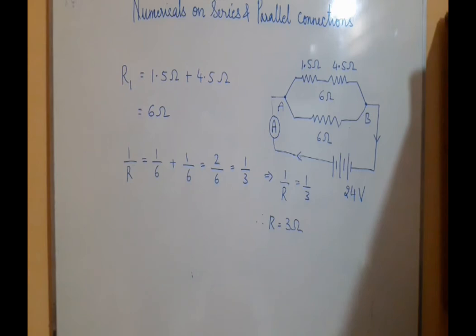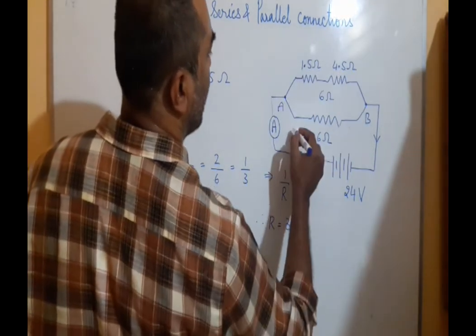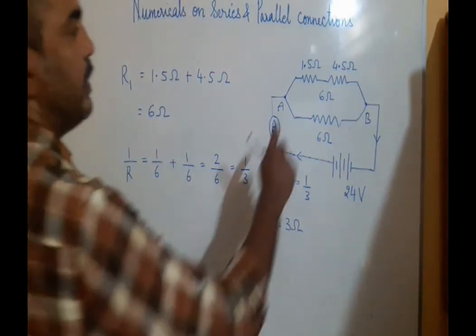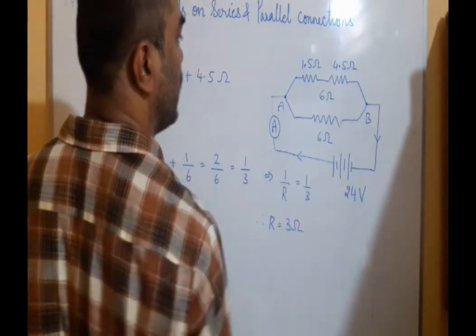Now I want to find out the current passing through each and every resistor. This path and this path both are in parallel, and we have seen in a parallel connection the voltage remains constant at both paths.